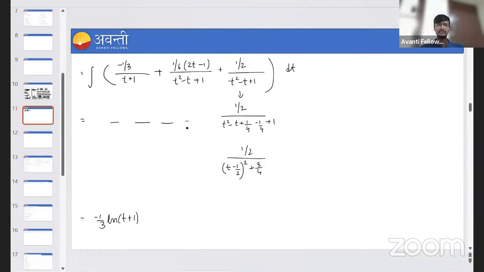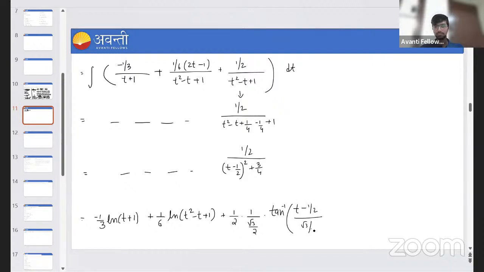Integrating this will remain the same. Got it? Plus 1 by 6 ln of t square minus t plus 1. Correct? And lastly plus 1 by 2 into x square plus a square, so 1 by a into tan inverse of t minus 1 by 2 upon root 3 by 2, plus c.